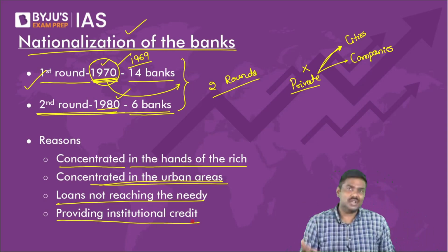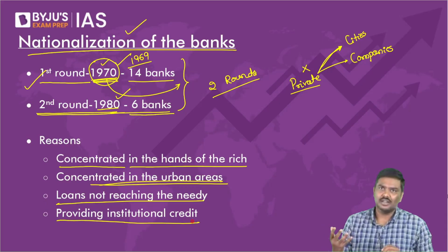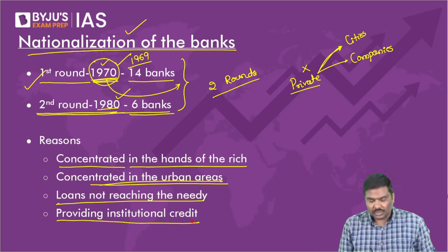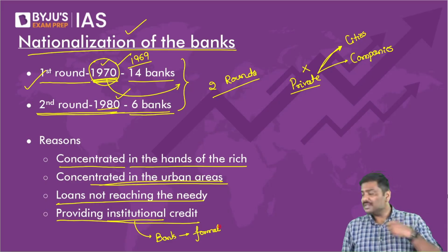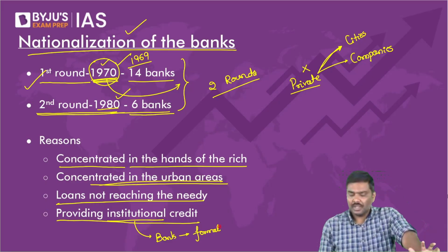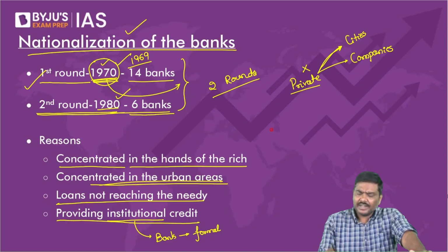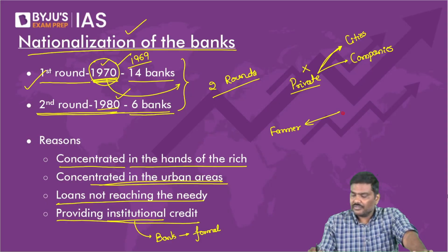And it is also the duty of the banking sector to provide institutional credit to the agriculture sector. Institutional credit simply means, please understand, credit from a formal system. Many of you ask me, sir, what do you mean by formal system here? A farmer can take a loan from a bank, correct?